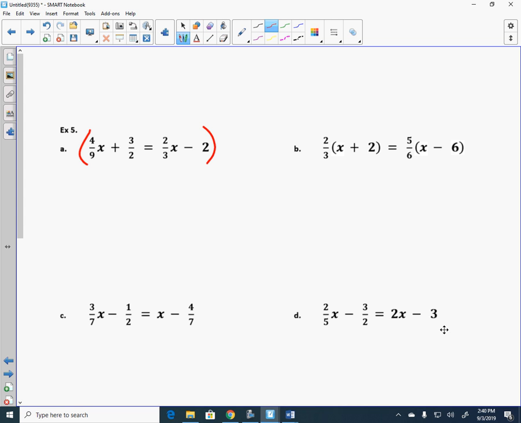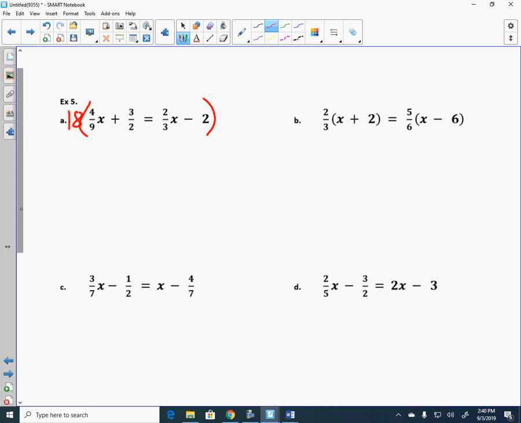So we just have to identify what's the common denominator among 9, 2, and 3. 18. So I'm going to multiply through by 18. We'll do 3 examples together so you can see it. If I multiply through by 18, here's how I do it. 18 divided by 9 is 2, times 4 is 8.